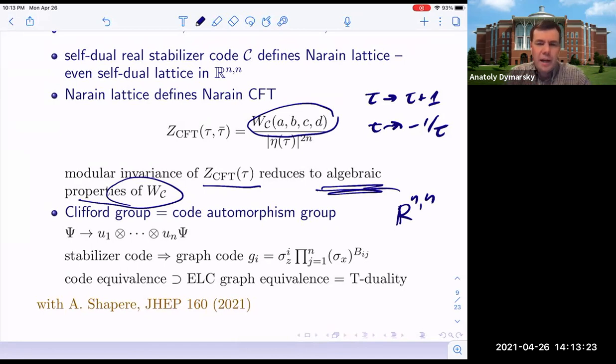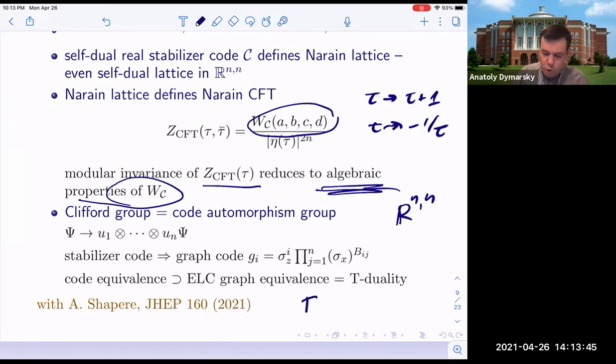I probably don't have time to explain that in detail, but this is a very well-known thing in the context of quantum codes. If you do quantum information, quantum computation, you have different bases for your qubits, and therefore different codes are mathematically equivalent. The question is, what is the counterpart of that?